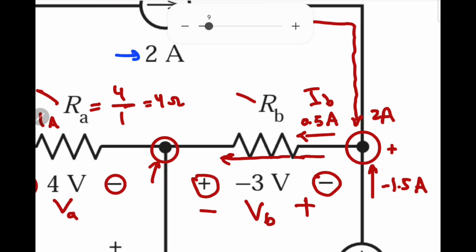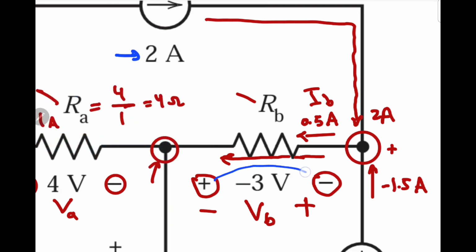So this becomes minus and this becomes plus, and you change the sign of the voltage. So VB is basically equal to 3 volt, not minus 3 volt, because we switch the voltage drop signs.